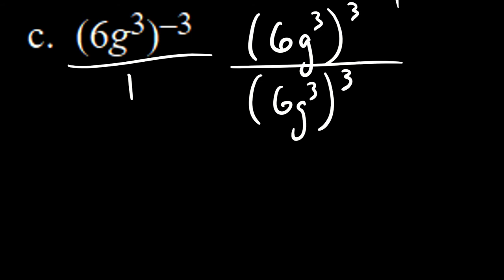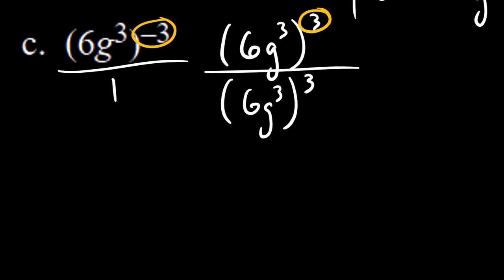The beauty of that is in my numerator now I've got 6g cubed to the negative third and 6g cubed to the third, which gives me 6g cubed to the 0 power, which is just the number 1. So my numerator is 1.